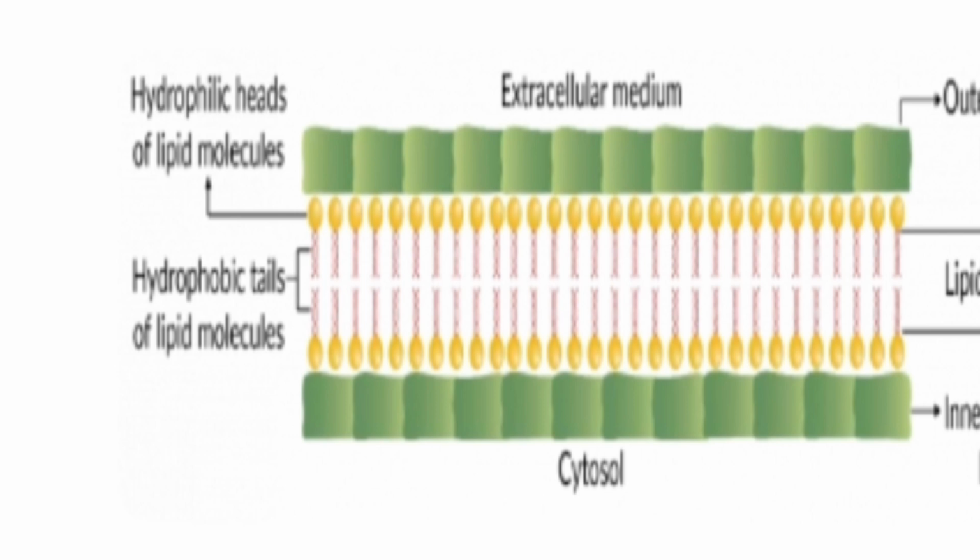This is the protein layer, the green one outside on top and the green one underneath. They are saying that this green one underneath contains different types of protein compared to the green one above, the extracellular medium. So you see how it is arranged, and then you see the lipid bilayer sandwiched in the middle.